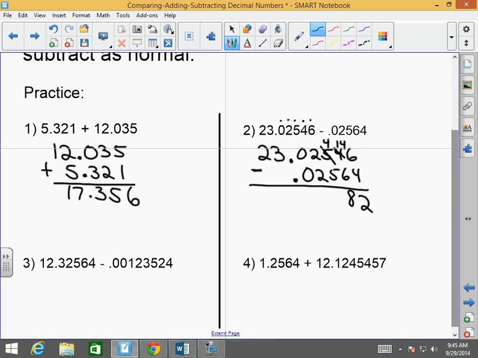I cannot take 5 from 4, so I borrow 1 from the 2 here, making this a 14. 14 minus 5 is 9. I cannot take 2 from 1, so I must borrow 1 from the 0, making it a 9, making this one an 11. 11 minus 2 is 9. 9 minus 0 is 9. But since I borrow from a 0, I must borrow from this 3.